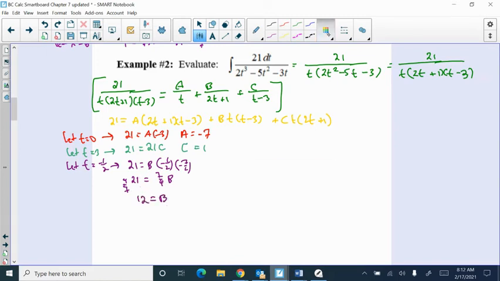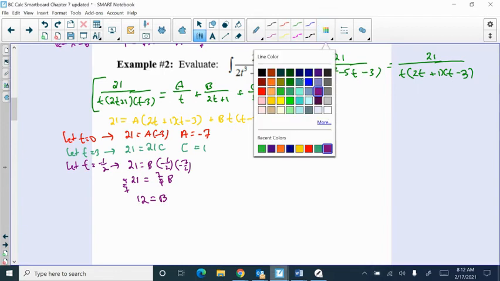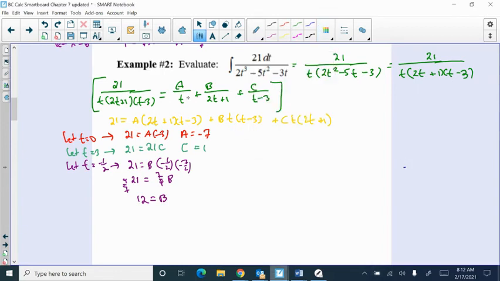So now I'm ready to integrate. There it is. So a was -7, so we're going to integrate -7 over t plus b, which was 12, over 2t plus 1, and then c was 1, plus 1 over t minus 3. As long as your denominator has a coefficient of 1 in front of the variable, you really don't need to use substitution.